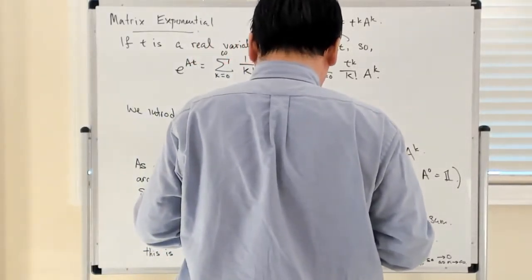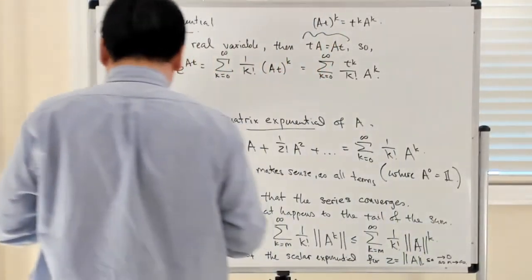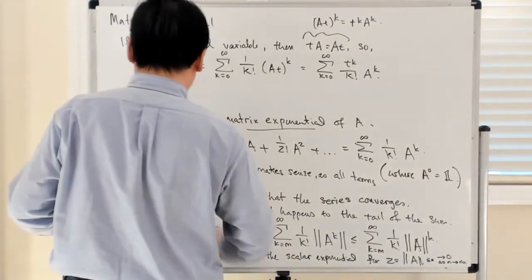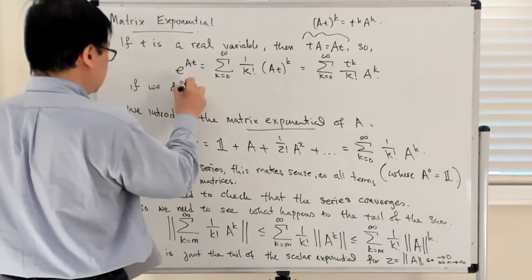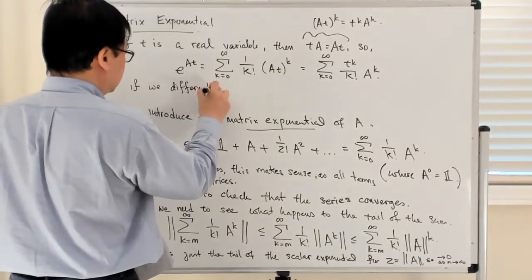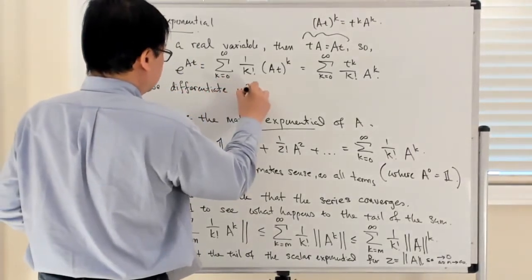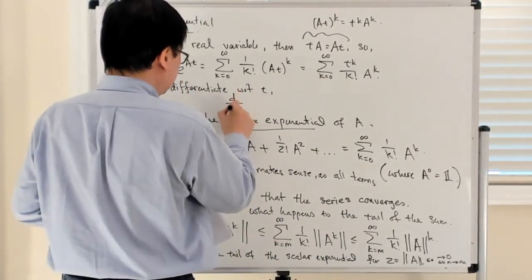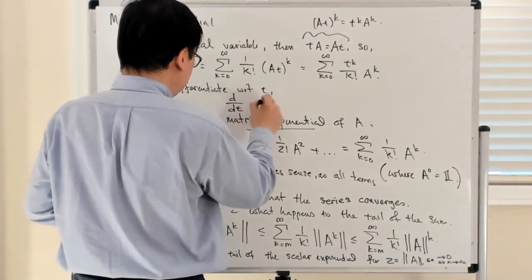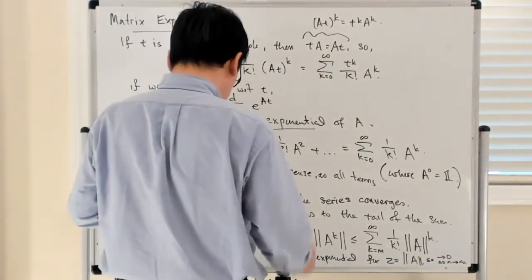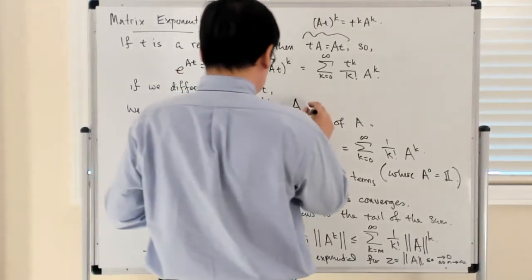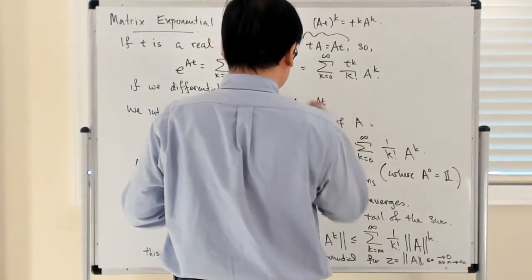And then if you differentiate with respect to t, this gives you that d/dt of e to the At is just A e to the At.